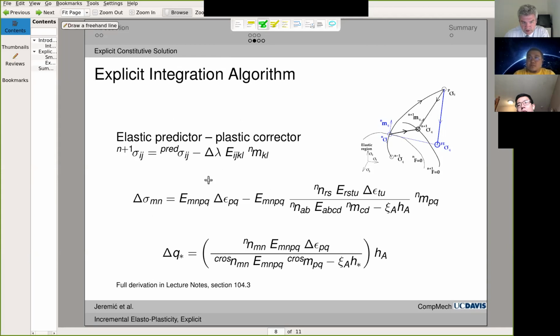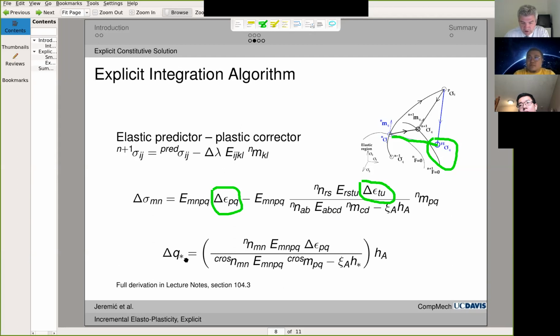So here's an increment in strain, and here's that same increment in strain, just different indices. Those are dummy indices, so that makes no difference. So increment in strain times elastic stiffness, and then increment in strain times the plastic stiffness. And that is going to give us this solution right here, the elastic plastic solution, the sigma n+1. And our increment will be actually from this point here to this new point right here.